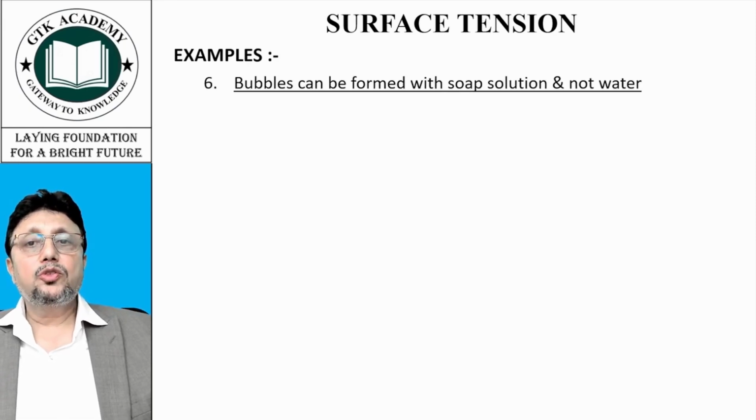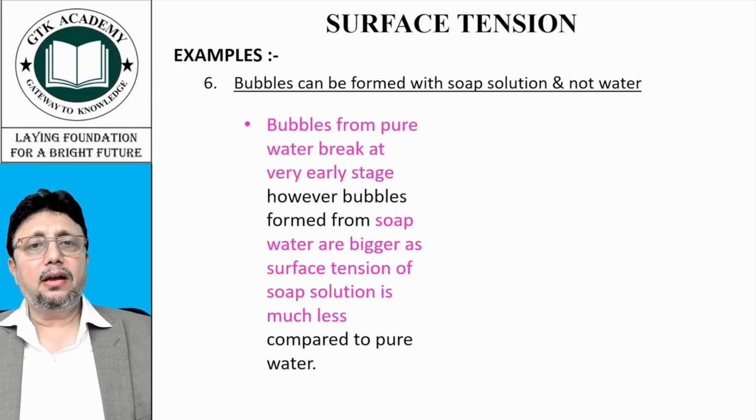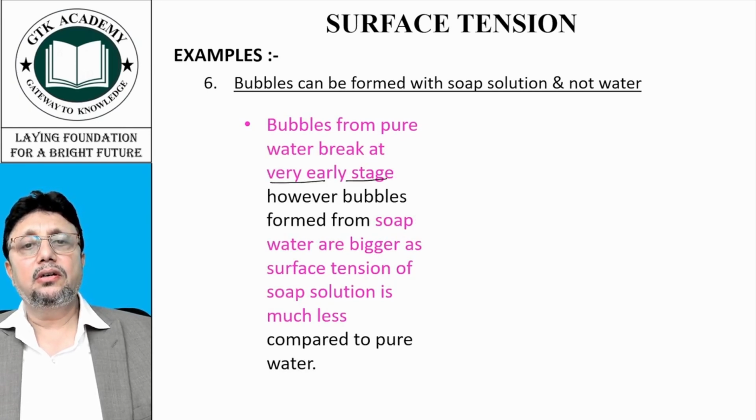Bubbles can be formed with soap solution and not water. What is the reason? Have you ever tried to form bubbles with only water? They can't be formed. Very small bubbles can be formed because they break at a very early stage.